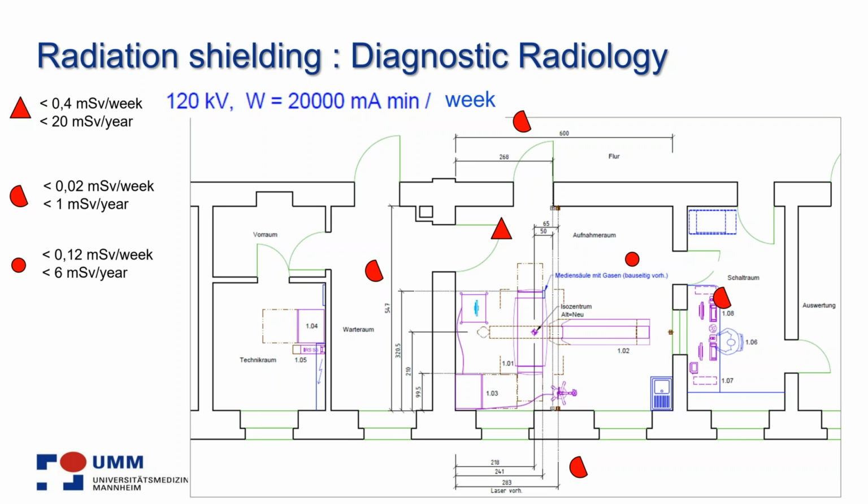Based on these numbers you can calculate the needed shielding to achieve these limit values, because you are in a public area outside the building. This is what is called the radiation protection plan, and this is also part of the construction plan. The construction plan always goes beside the radiation protection plan.